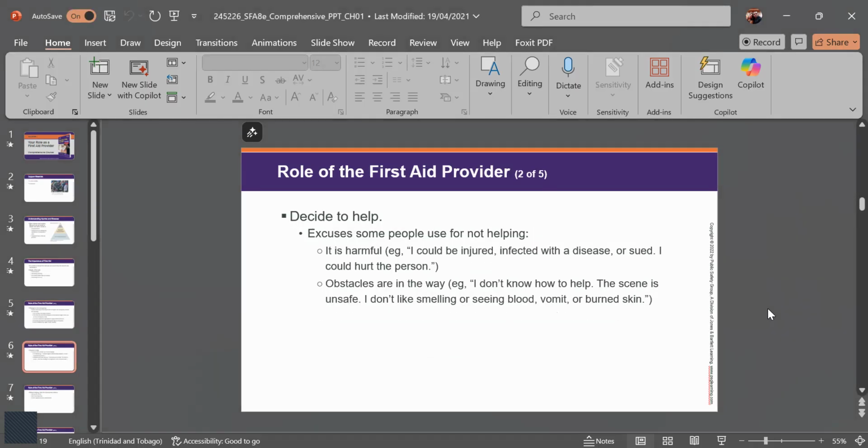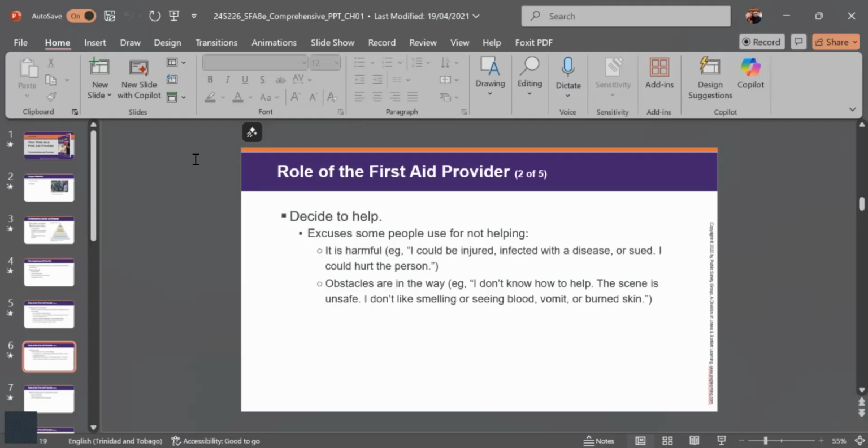Of course, with all of that, we must look at, as a first aider, the option of making that decision to help. A lot of times, and I know the current service provider's staff encounter it as well, people make a lot of excuses for not wanting to help.